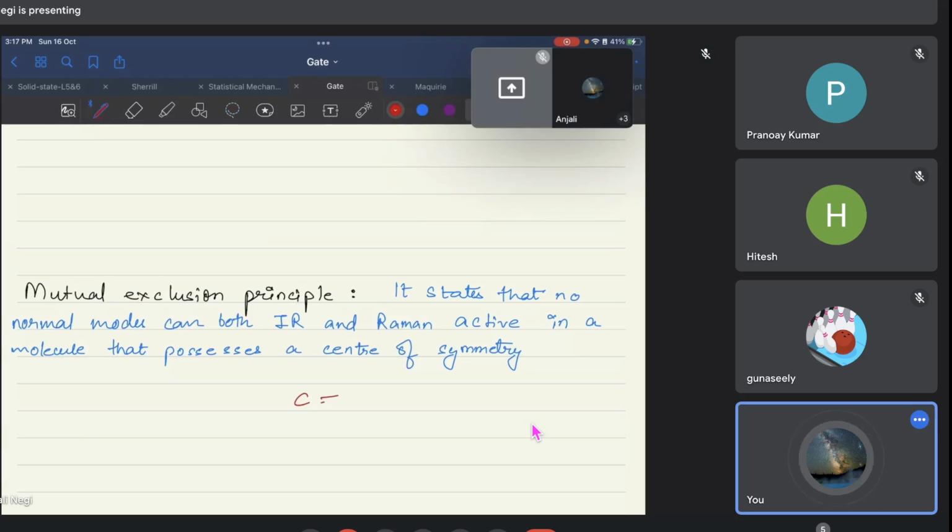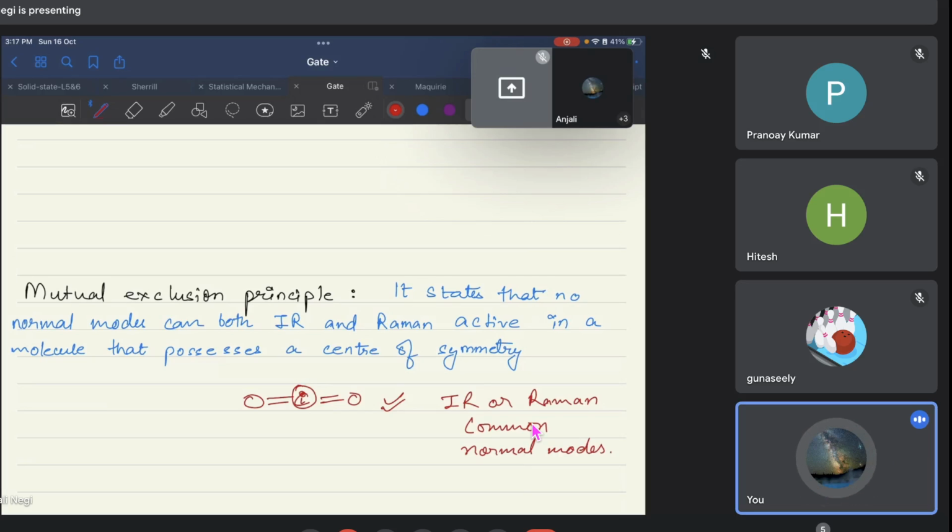So since my CO2 is a linear molecule, and you can see that it is very much symmetric in nature, and the center of symmetry is also present here, correct? So this particular molecule will not have any IR and Raman common normal modes.